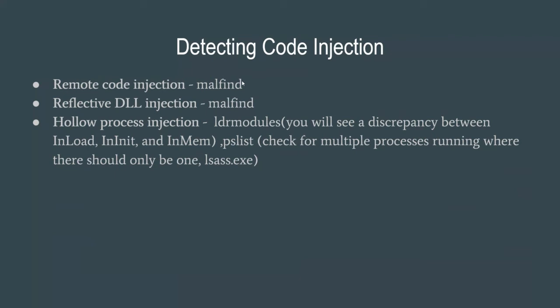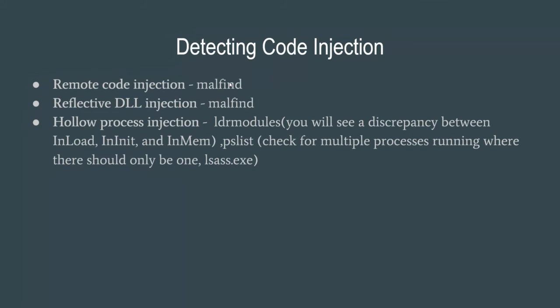Now, detecting code injections. One of the key modules you would use is malfind, which looks for VAD sections that are readable, executable, and writable, which means the memory can rewrite itself and be overwritten to host malicious content.